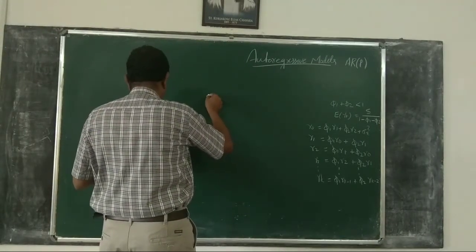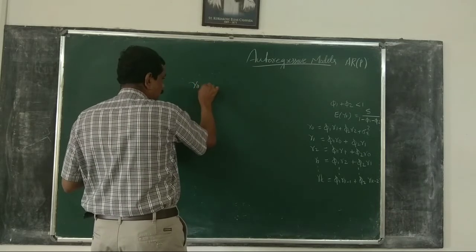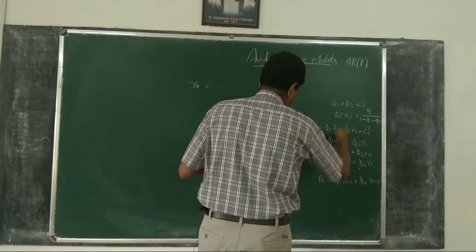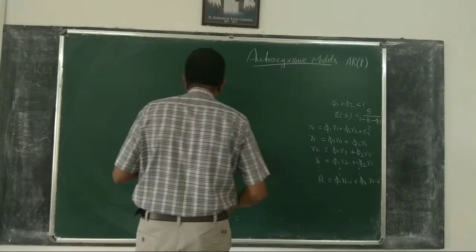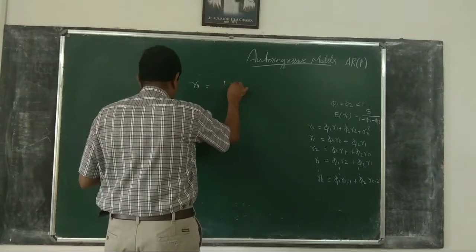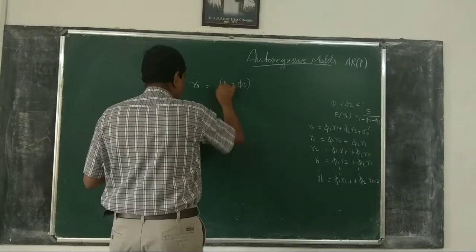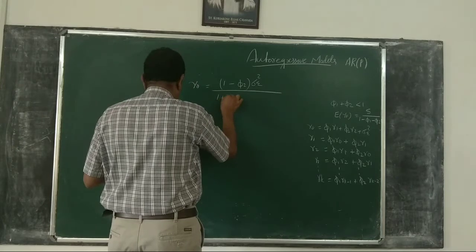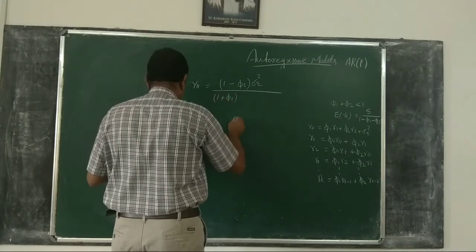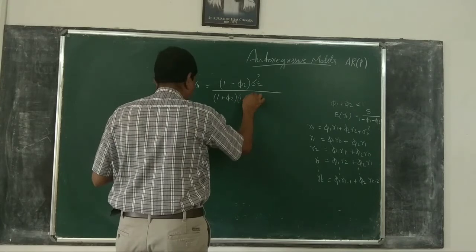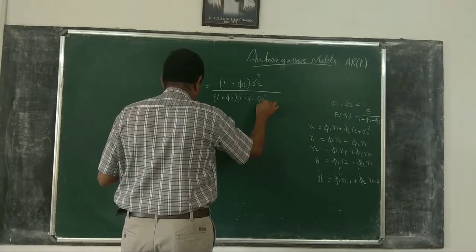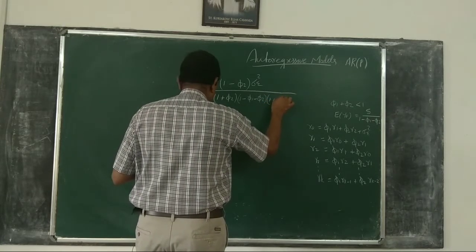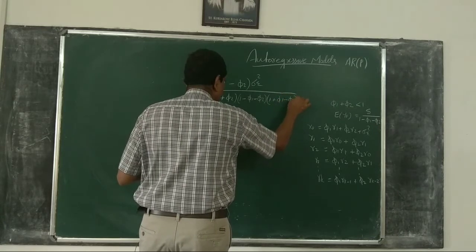We can write gamma 0, the variance, by substituting from gamma 1, gamma 2, etc. We can write gamma 0 as equal to (1 minus phi 2) into sigma square epsilon by (1 plus phi 2) into (1 minus phi 1 minus phi 2) into (1 plus phi 1 minus phi 2).